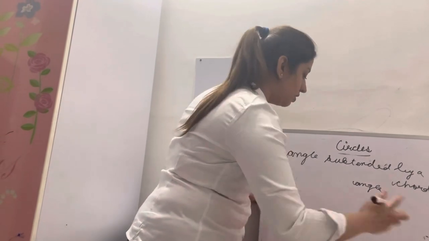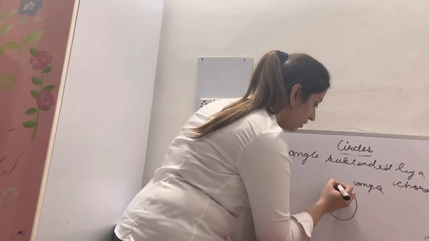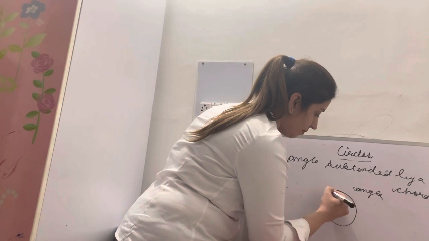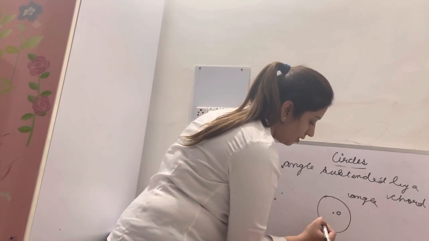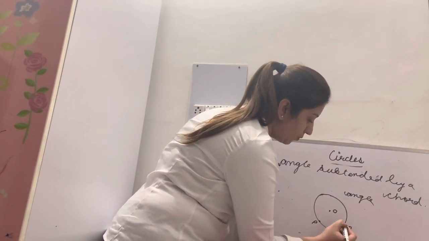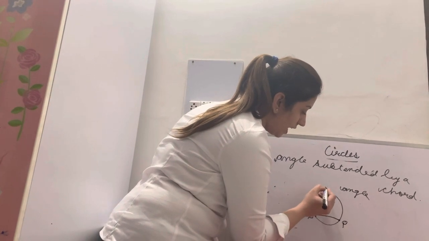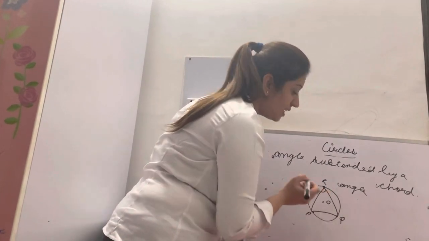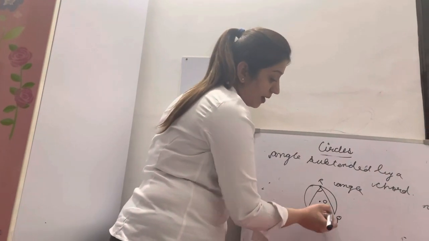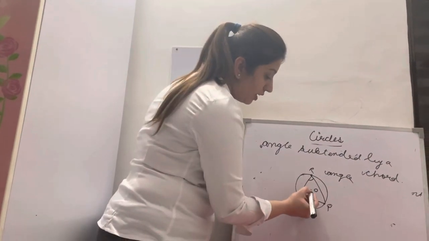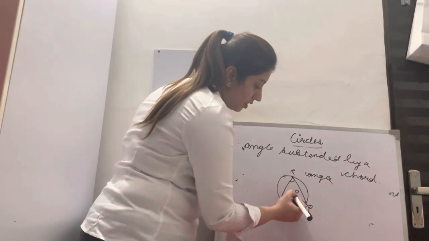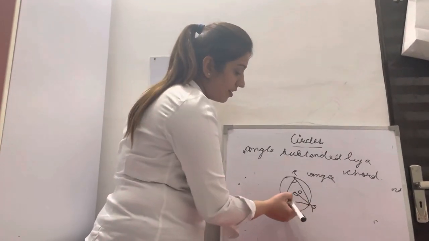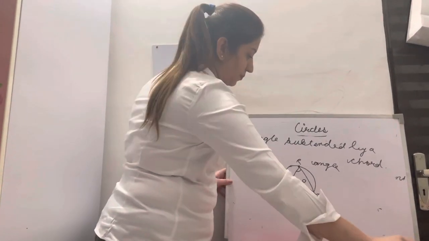So if I draw a circle, this is the center O, this is the chord PQ, and if I take a point R here and join PR and QR, this is the angle subtended by the chord PQ. Now if I join OP and OQ, this is also the angle subtended by the chord PQ.